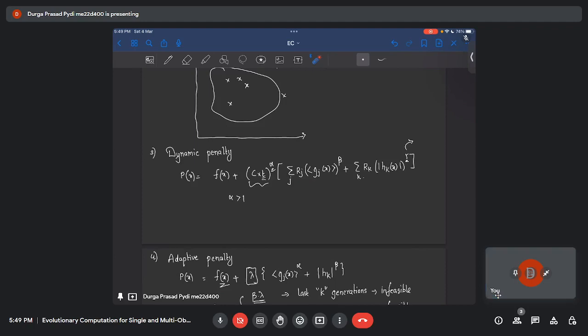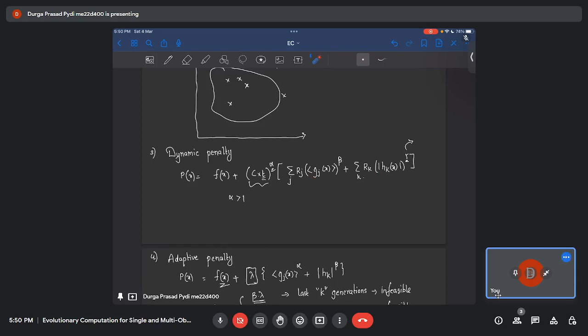Suppose the first iteration gives all infeasible solutions, so can C be made high? No. If you are already getting feasible solutions, then Gj and Hj will be 0, so whatever value of C you put is not going to affect them.